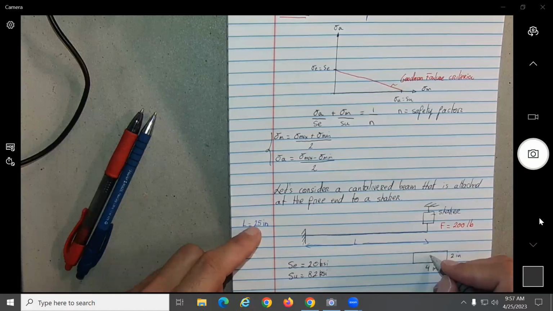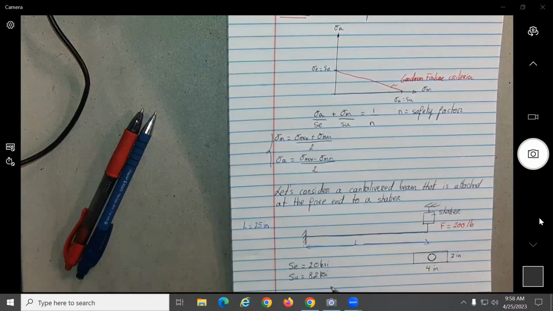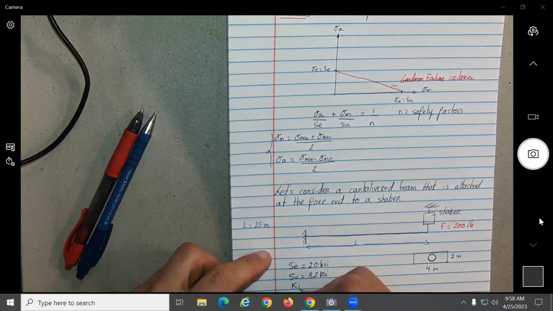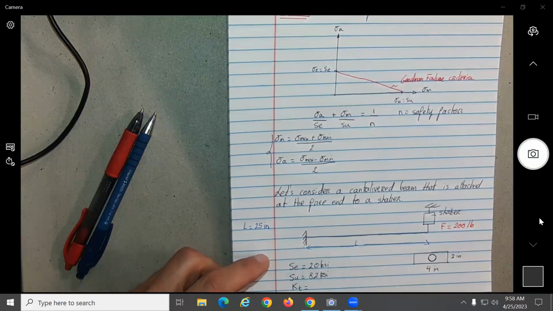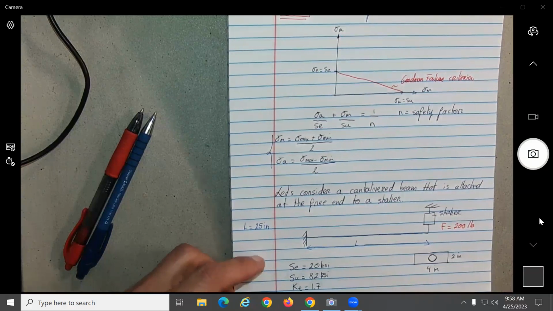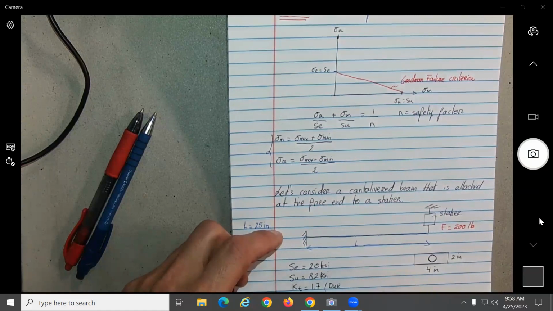And I'm going to say, whatever, consider that on this beam, in order to run the cables, you have a hole which is going to introduce a stress concentration factor due to the hole. Whatever, I'm going to make it 1.7, okay?